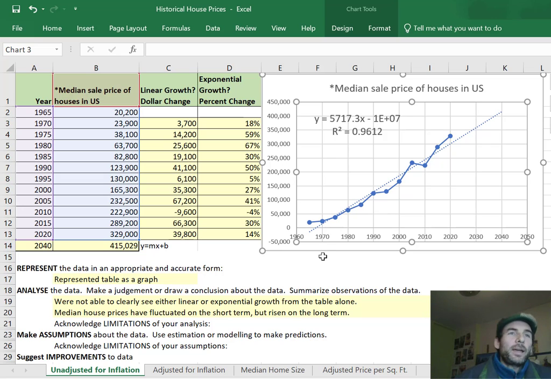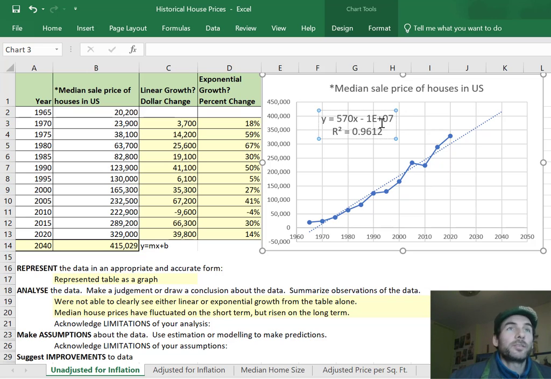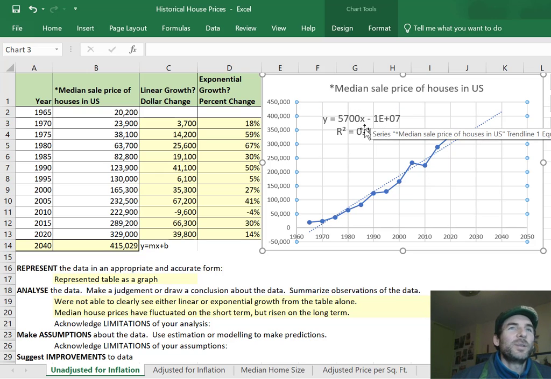Okay, and in fact, I would say if we can just figure this number out, that would be great. What does this number mean? 5717. And I'm just going to round that, by the way, to 5700, right? Because I just don't like dealing with that. And forget about this.